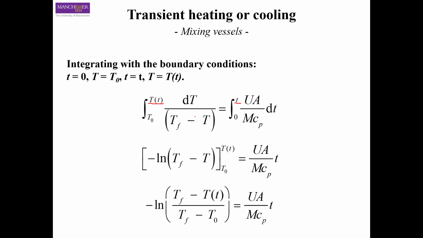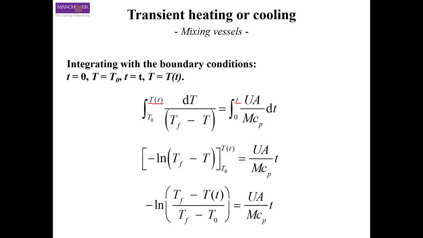If you solve this integral, we get log of Tf minus T, where Tf is the temperature of the fluid and T is the temperature at time t. On the right hand side we have UA over MCp, and the integral of dt from 0 to t is actually just t. That is a very simple integration.